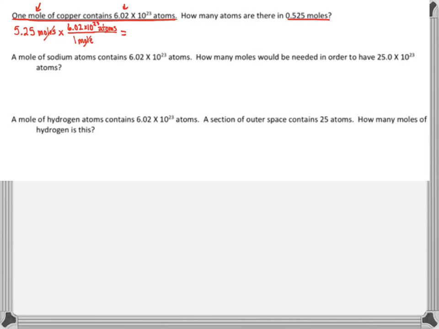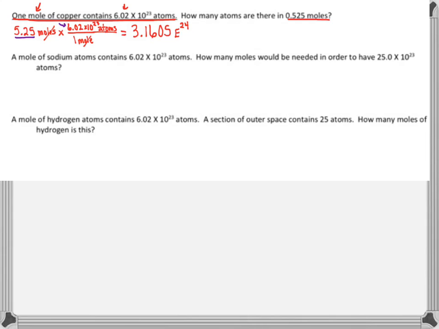Our answer is 3.1605 E, or times 10 to the 24th power. Now, let's not forget significant figures. In this case, we see that our given has 3 significant figures.